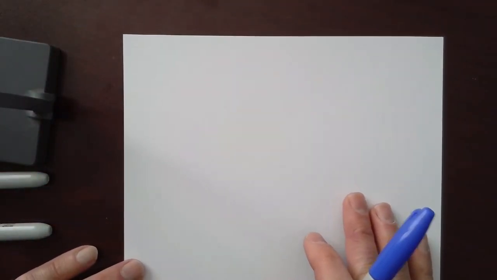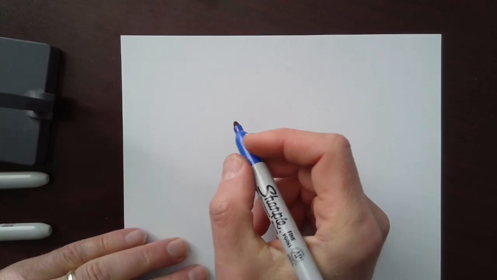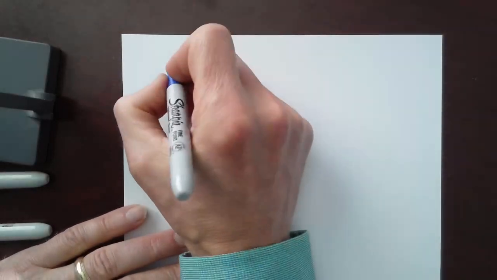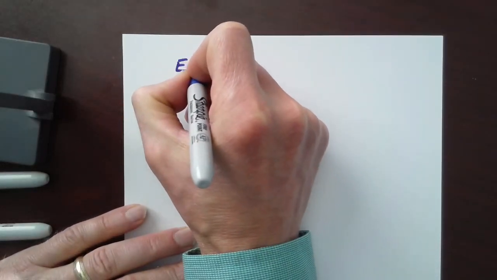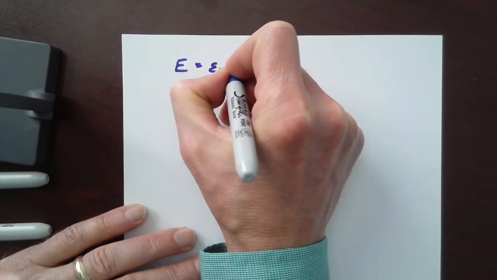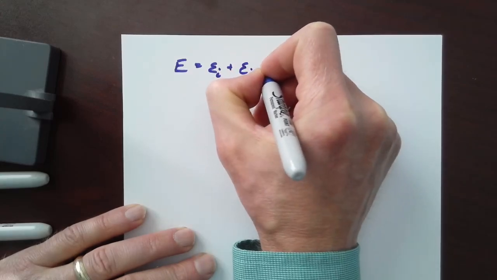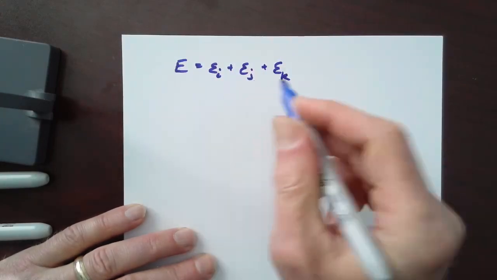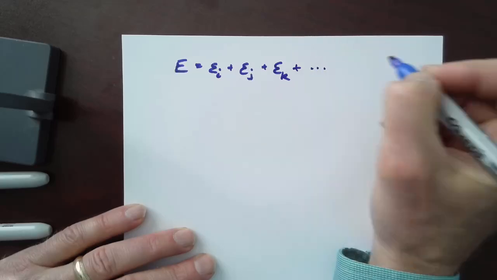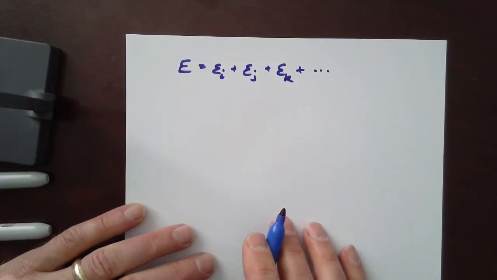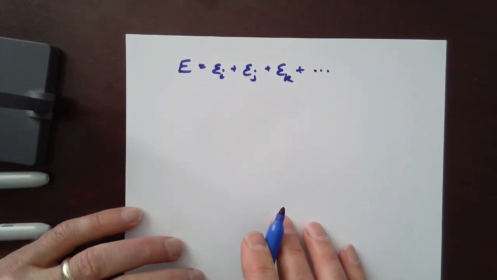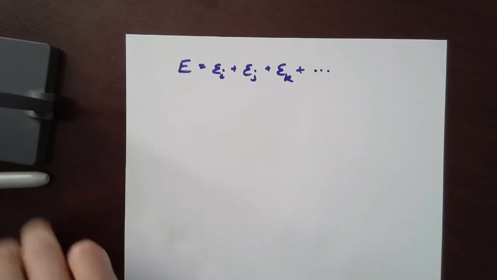Okay, so of course the total energy is the same thing. I'm just going to add up all of the molecular energies, right? All the energies of each of these. Oh, and let me just write this down.